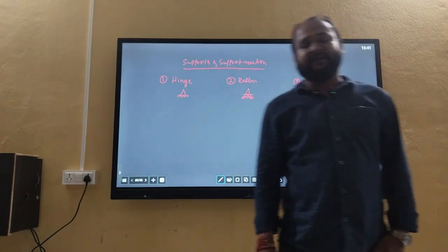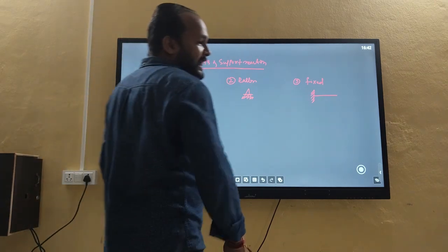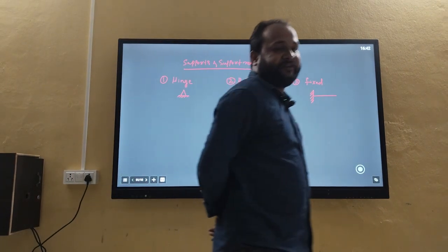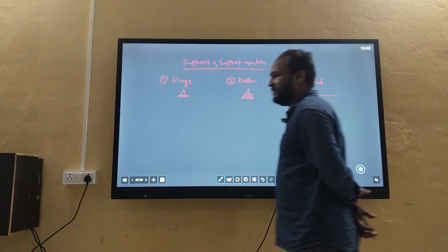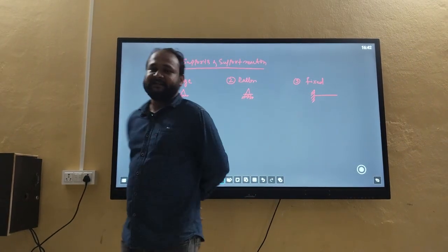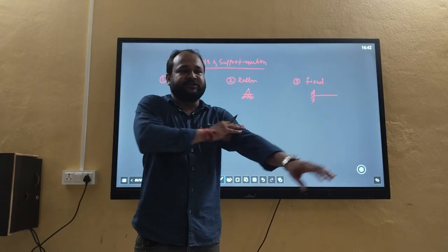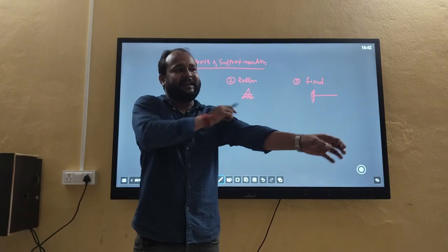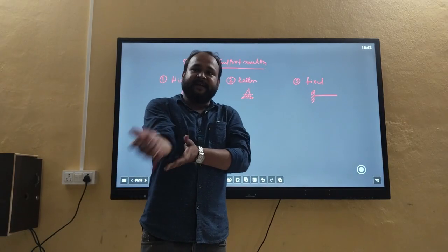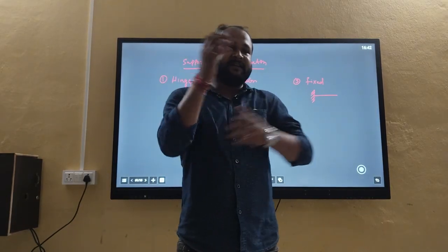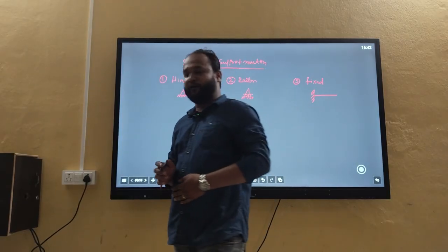In structural analysis, if a hinge support is there, then at that point the horizontal displacement as well as the vertical displacement are restricted. If the horizontal and vertical displacements are restricted, that means horizontal and vertical reaction forces will be generated at that point, which is known as support reaction.